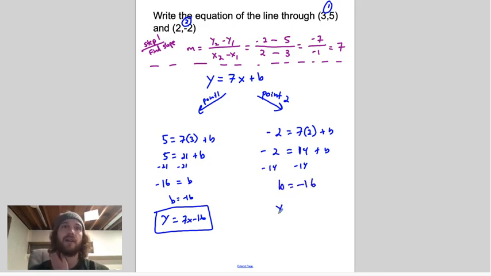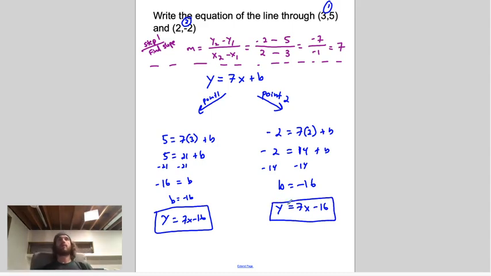So look at that. We get the same answer. It does not matter which point we pick, because both of those points are on my line. They hold the identity of the line.